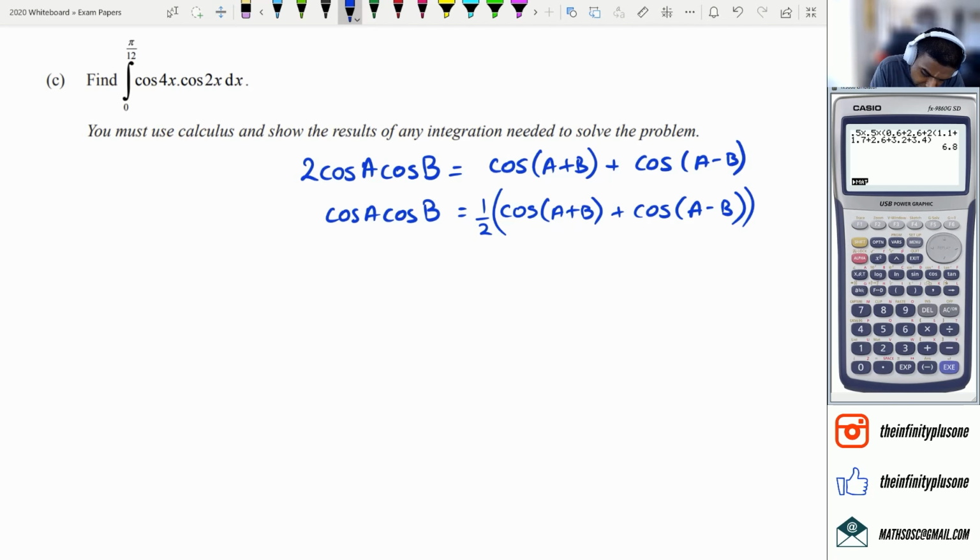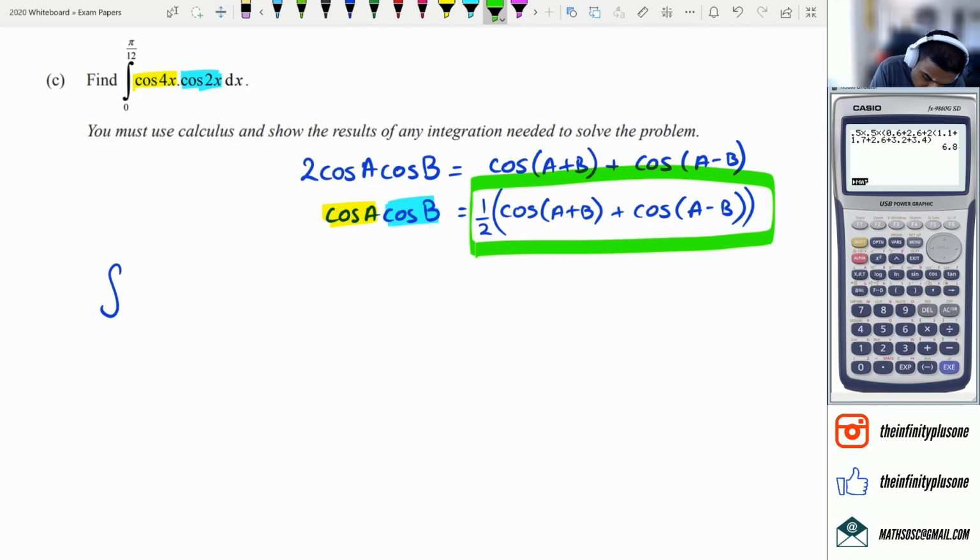And so literally what I've done here is I have just called this 4x as cos of A and cos of 2x as cos of B. So by doing this, I'm going to replace cos 4x and cos 2x with this green thing here, which means I'm going to get it between pi over 12 and 0, and I've got half cos of A plus B, so that's 4x plus 2x, which is 6x, plus cos of A minus B, so 4x minus 2x is 2x.